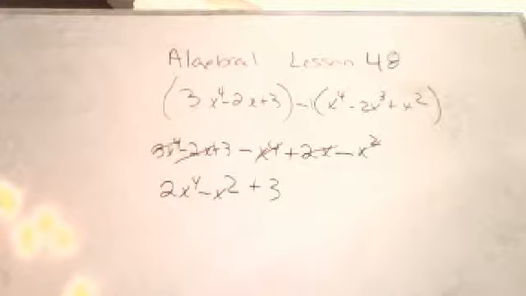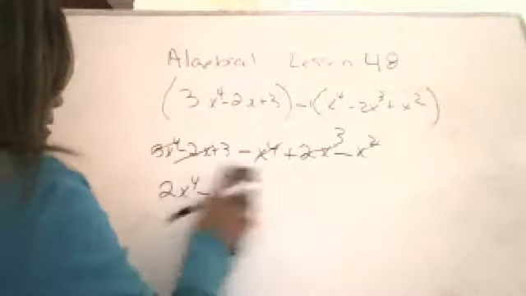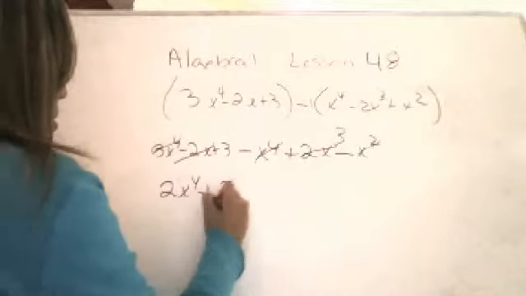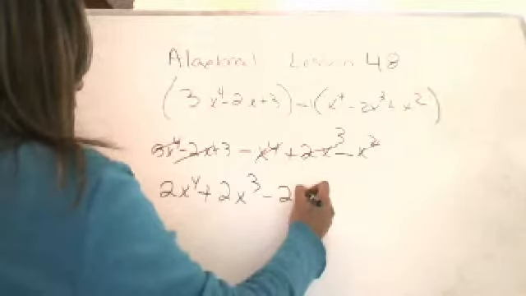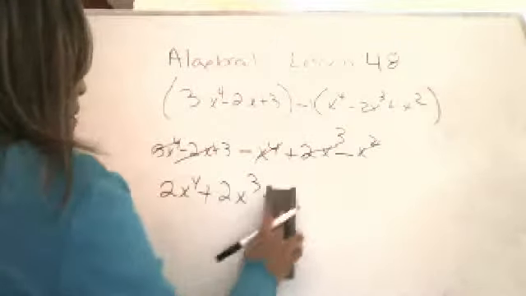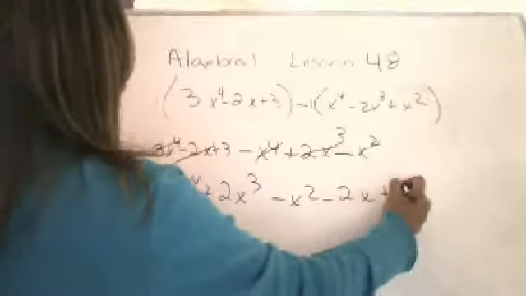Oh, I'm sorry. This is a cube, so they don't cancel out because they're not like terms. So it's plus 2x cubed minus 2x, minus x squared minus 2x plus 3.